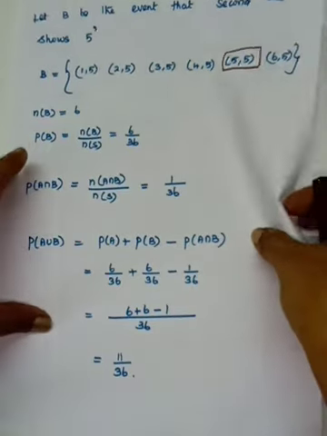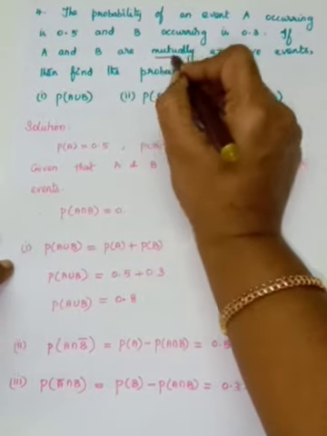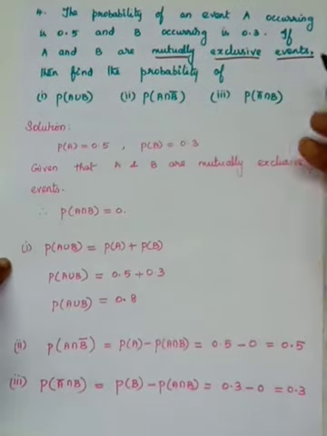And coming to problem number 4. The probability of an event A occurring is 0.5 and B occurring is 0.3. A and B are mutually exclusive events.